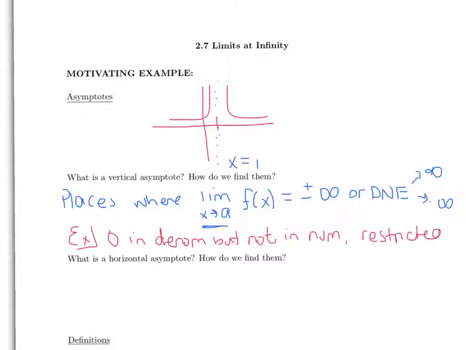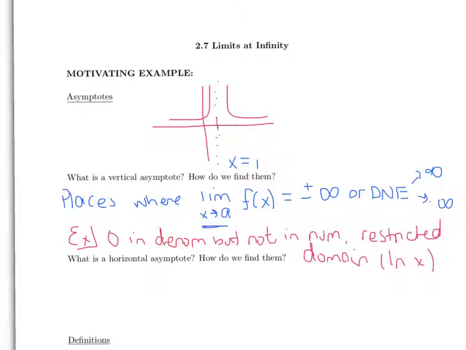Something like ln of x has a vertical asymptote at 0 because it stops at a certain spot.